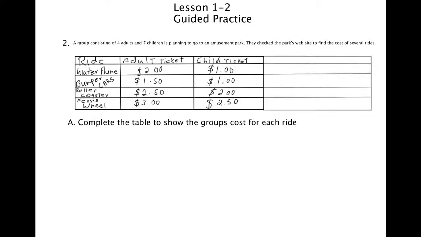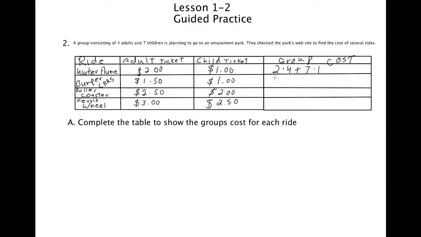And if we go ahead and build in a little bit more of the table, we can get to the group cost. And we've got, what was it, 4 adults, 7 children, so that's $2 times 4 for the adults plus $7 times 1 for the children.